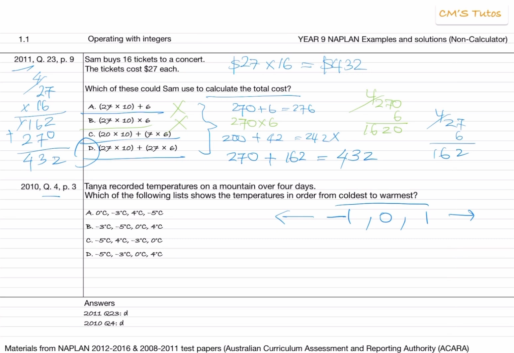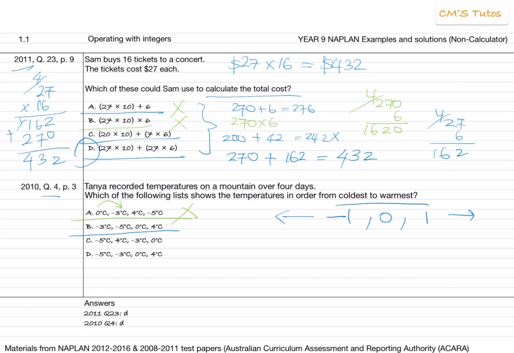Let's go one by one. A, 0. After 0, we are expecting not minus. We're expecting 1, 2, 3, 4. So A is out of our list. And B, minus 5.